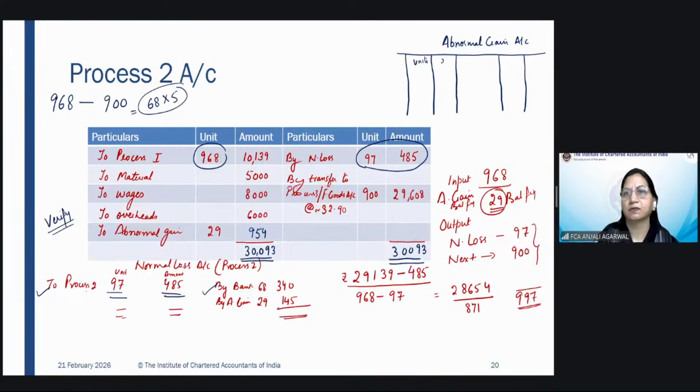Units, rupees, units, rupees, and particulars. So this is an entry here. How will it reflect in the abnormal gain account? By process 2.